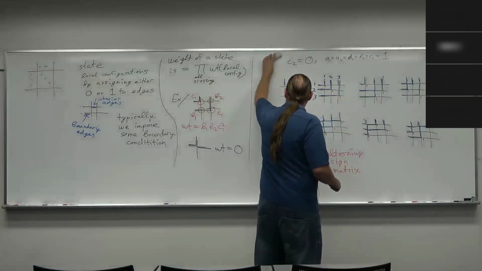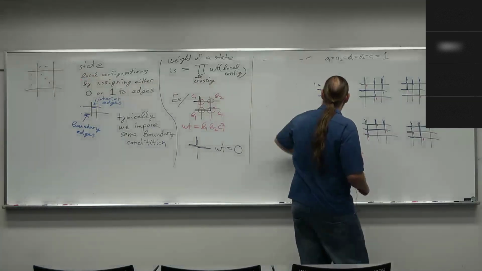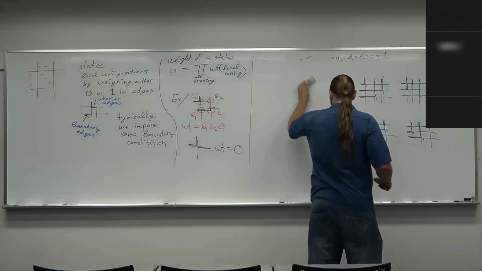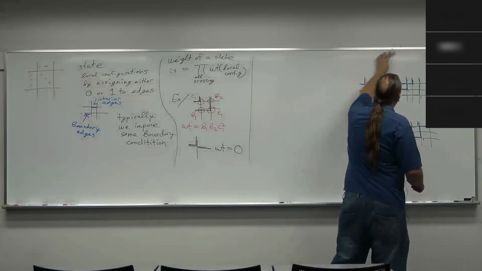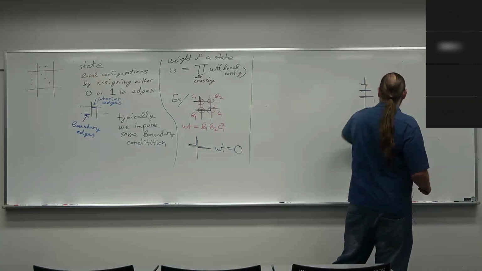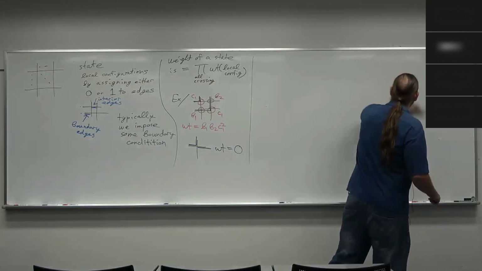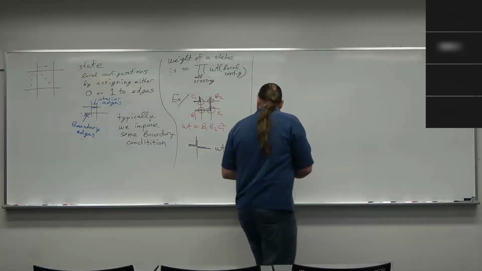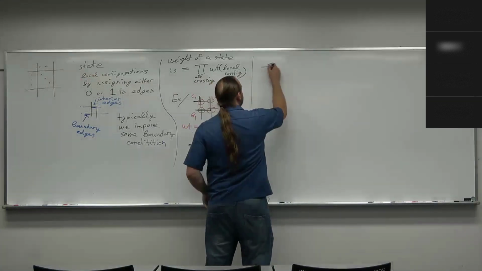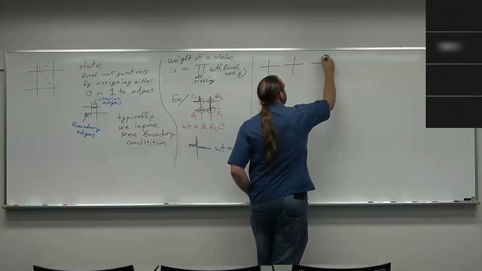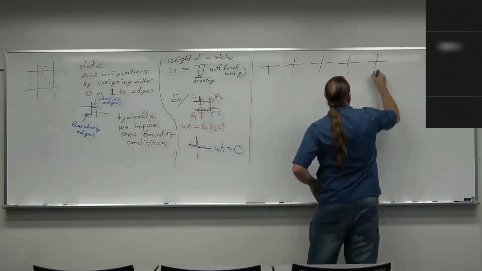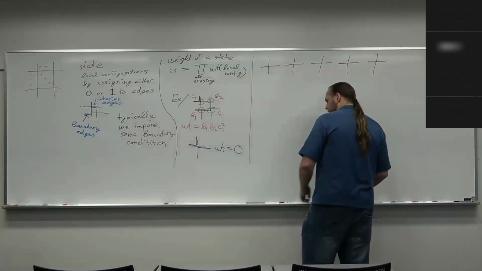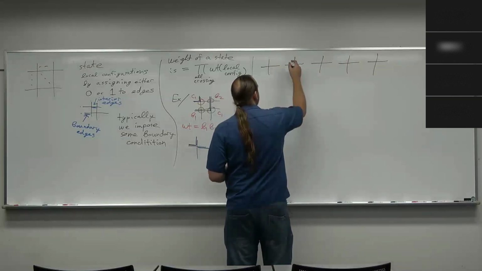So now let's do something with the weights. We don't want to just count stuff. We want to count stuff with weights. And so the weights that I'm going to use basically for the rest of the talk are as follows.